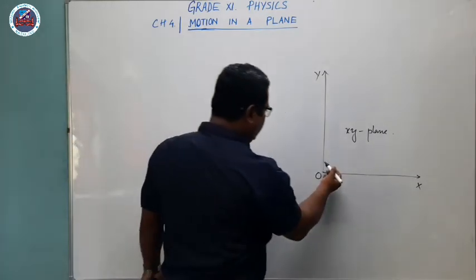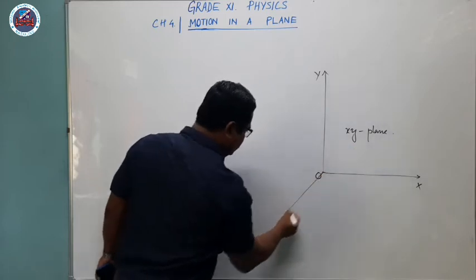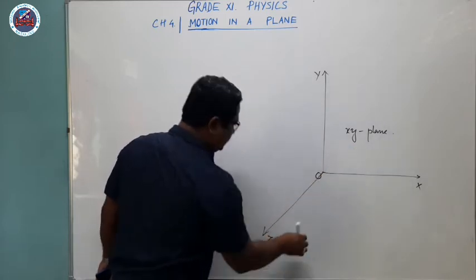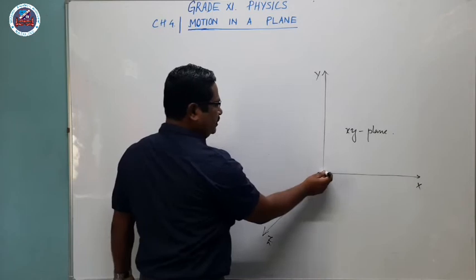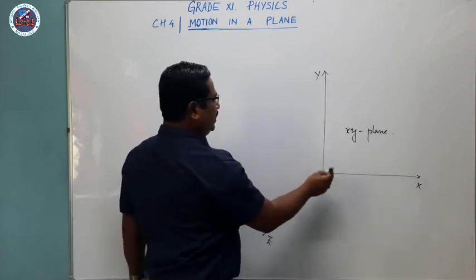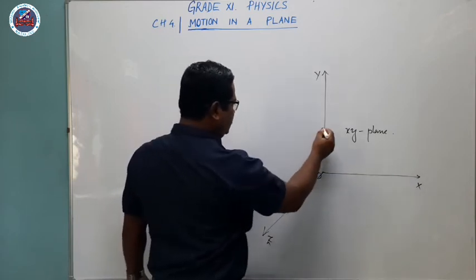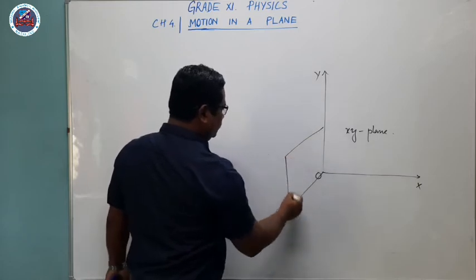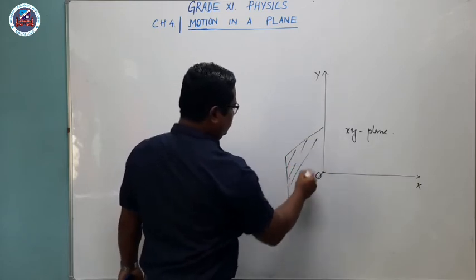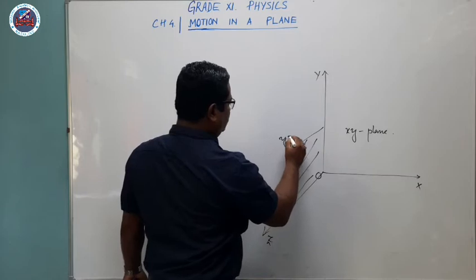Now there is not only the xy plane. When I draw this z-axis, as I said already, the z-axis will exist this way. The plane that exists between the y and z axes is called your yz plane.